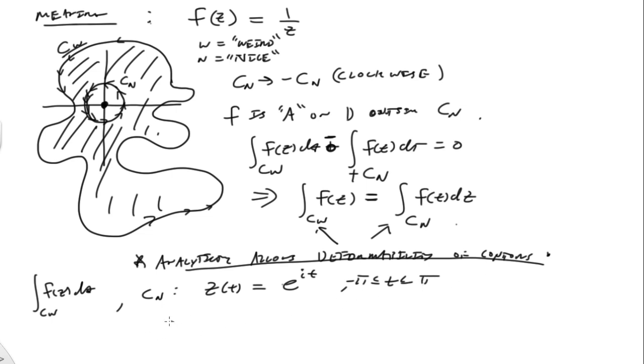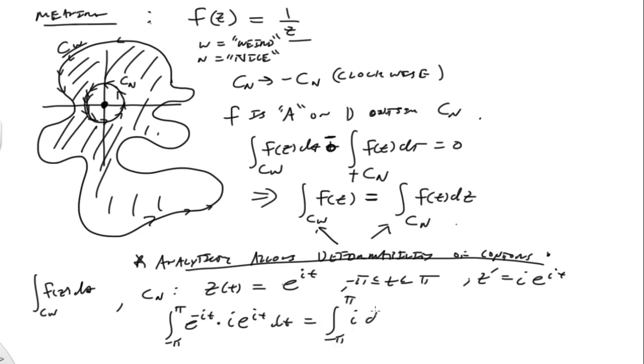We're talking about 1 over z here, so that becomes the integral from negative pi to pi of e^(-it), because this is 1 over, and that makes it a negative exponent, times z prime, which is i e^(it) dt, which becomes the integral from negative pi to pi of i dt, because those cancel, okay?